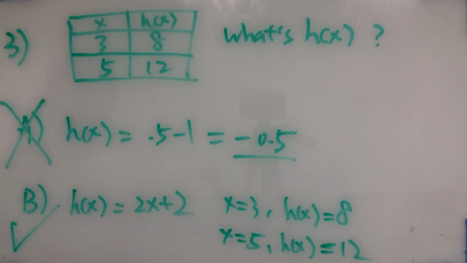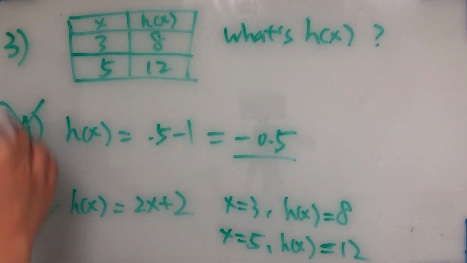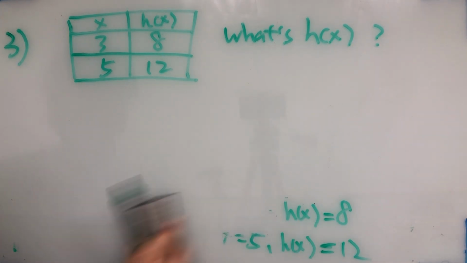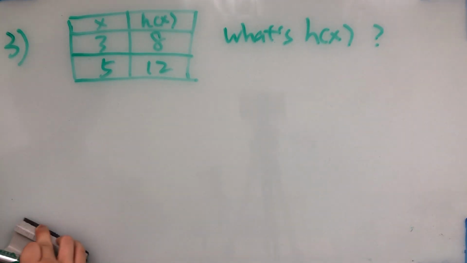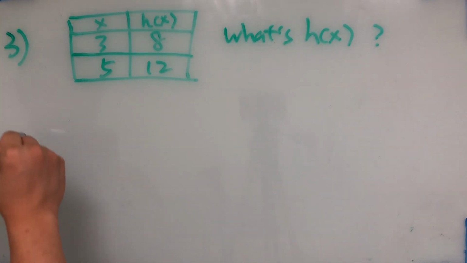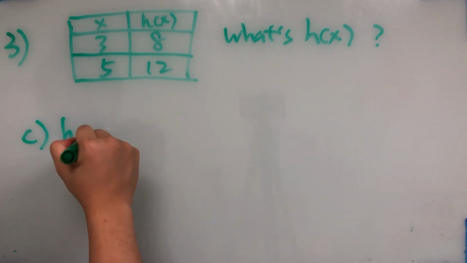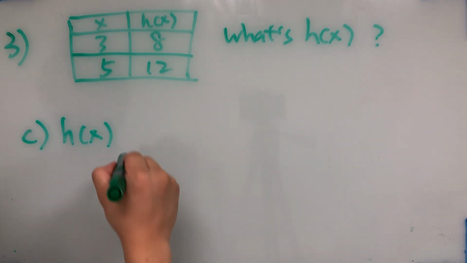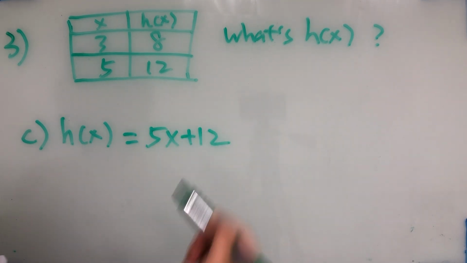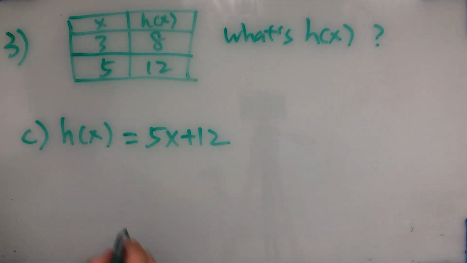So the answer to number 3 is B, but just for the sake of example, I'm gonna do option C just to prove why that's wrong. And D is pretty much in the same spirit of it. So C states that h of x is 5x plus 12. Let's see if that makes sense.